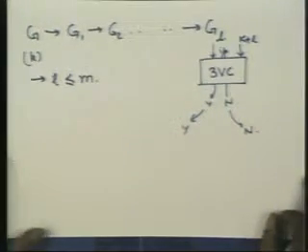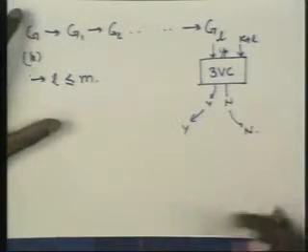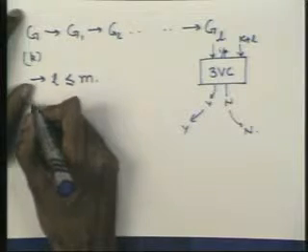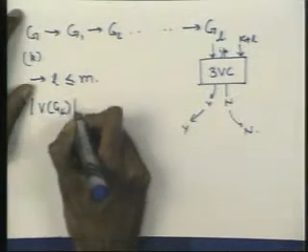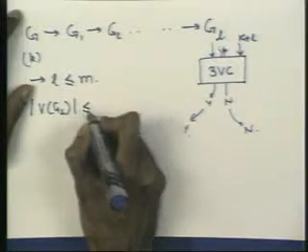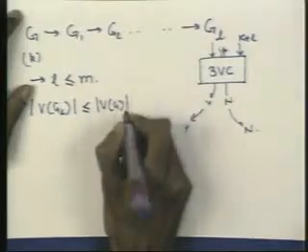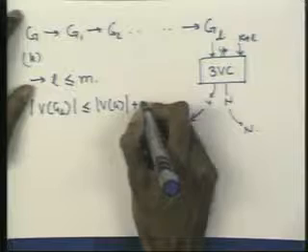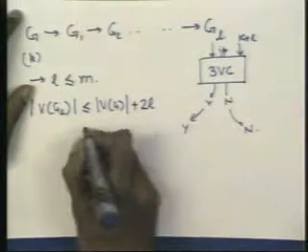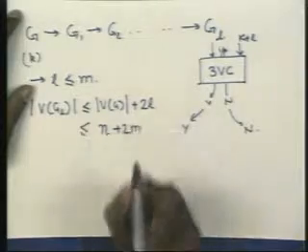Each time you split, you add 2 new vertices to the graph. So the size of V of GL is less than or equal to the size of V of G, and each time you split, you add 2 new vertices, so plus twice L. So it's at most n plus twice m.